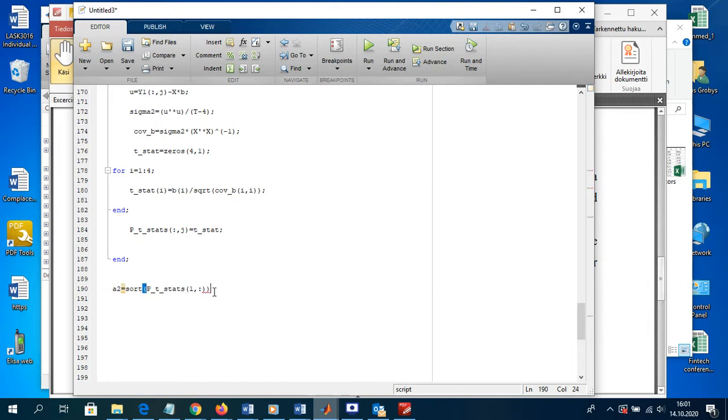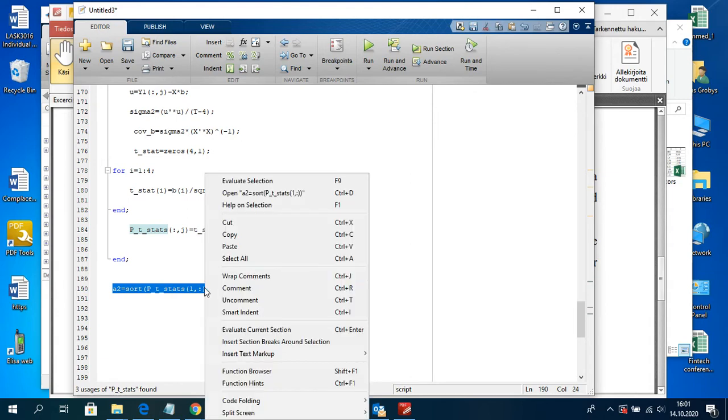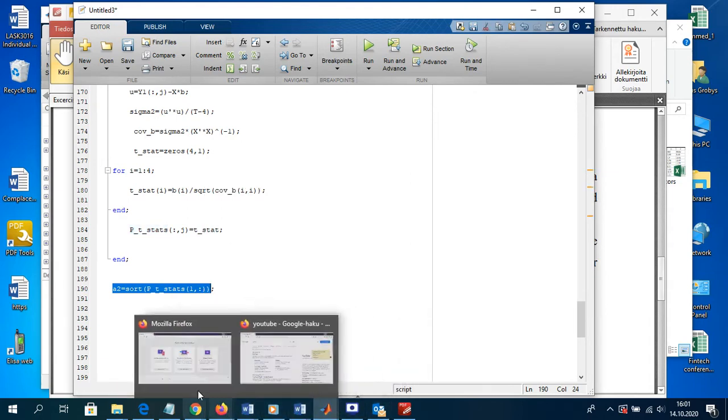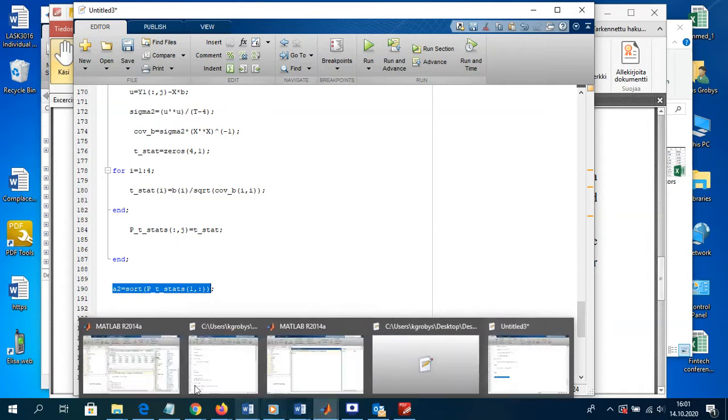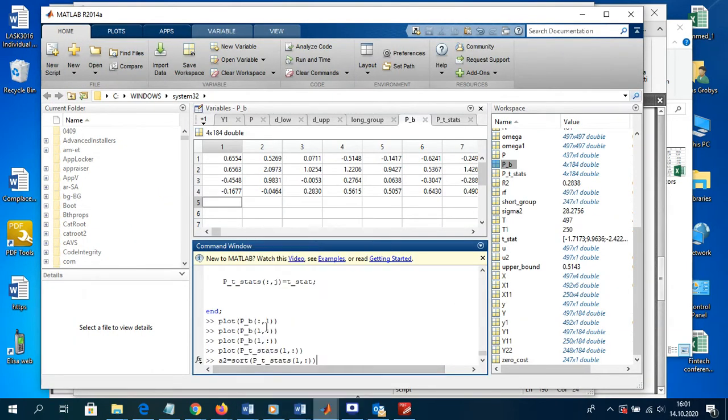Now we created a vector that sorts the t-statistics in increasing order. If we copy this and paste it in the command window, we will get these entries.